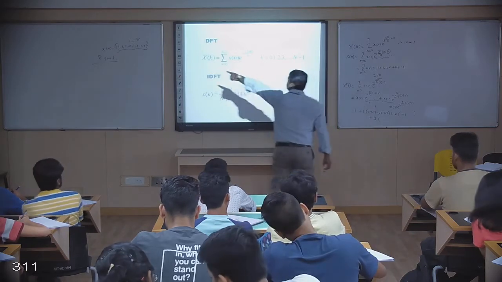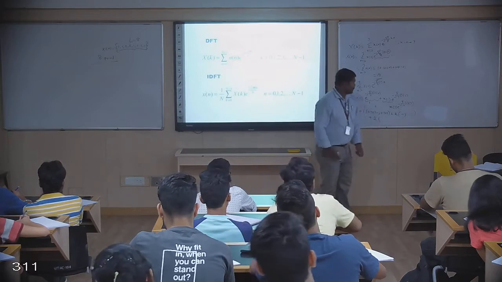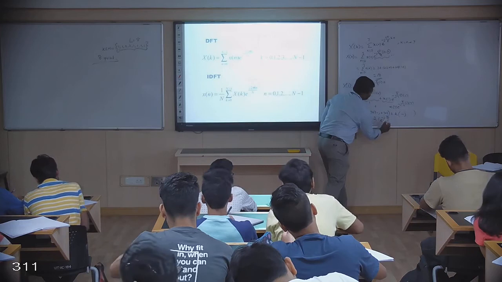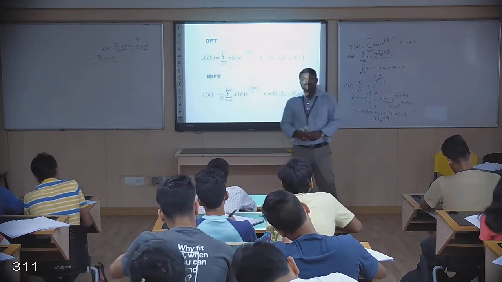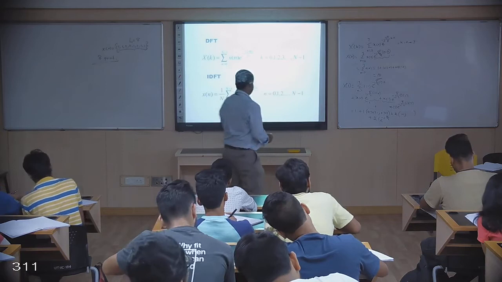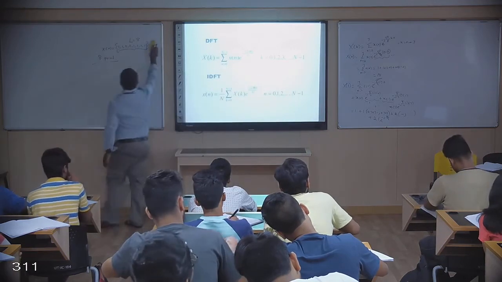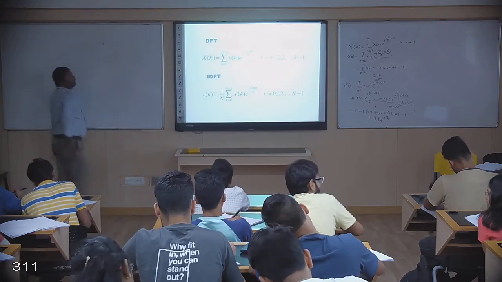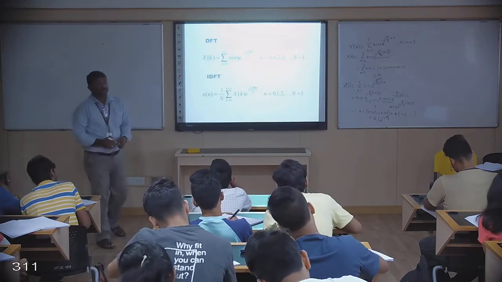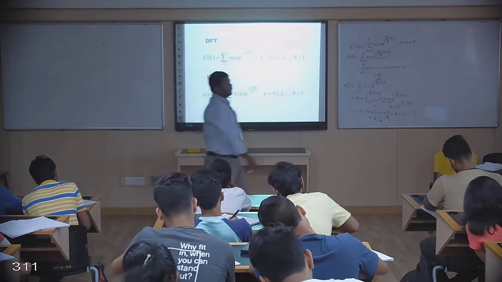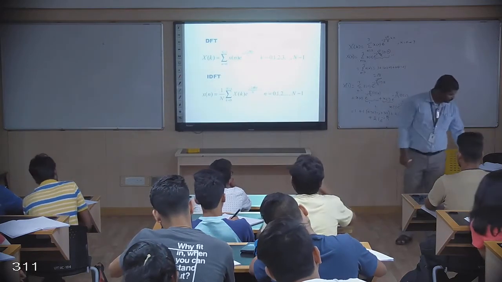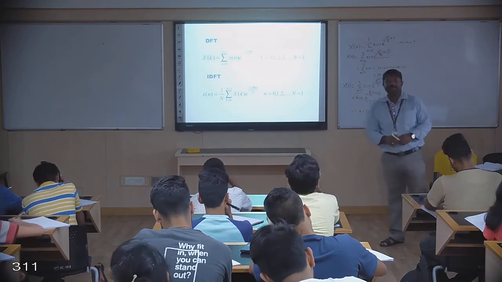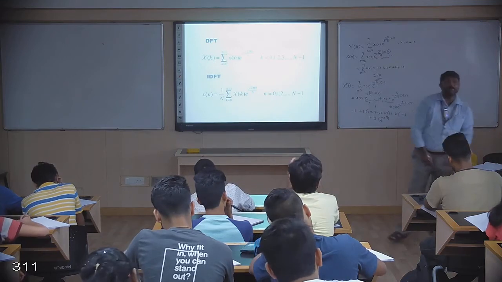X of 3 is again 2 into e power j 3 pi by 4. The answer is, when you simplify it, minus 0.707 minus j 1.707.